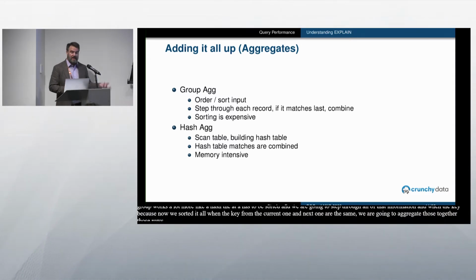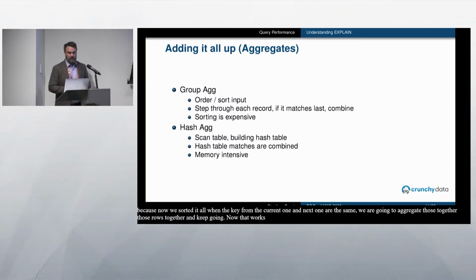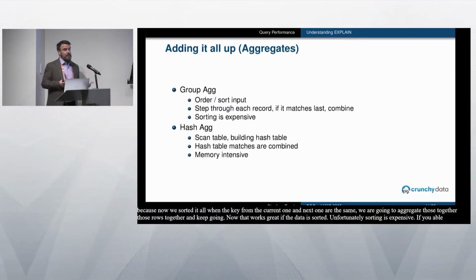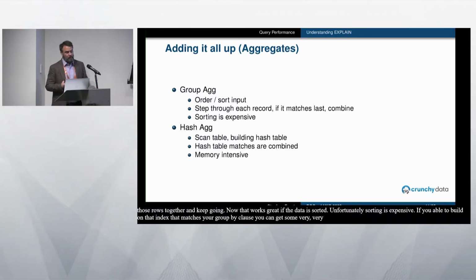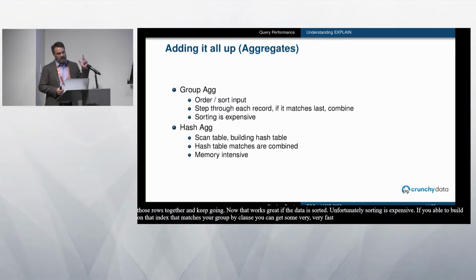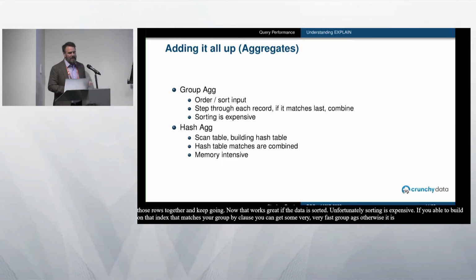Now that works great if the data is sorted. Unfortunately, though, sorting is expensive. So if you're able to build an index that matches your group by clause, you can get very, very fast performing group aggs. Otherwise, if we have to sort it, it's going to probably suck. Sorry, just how it is, right?